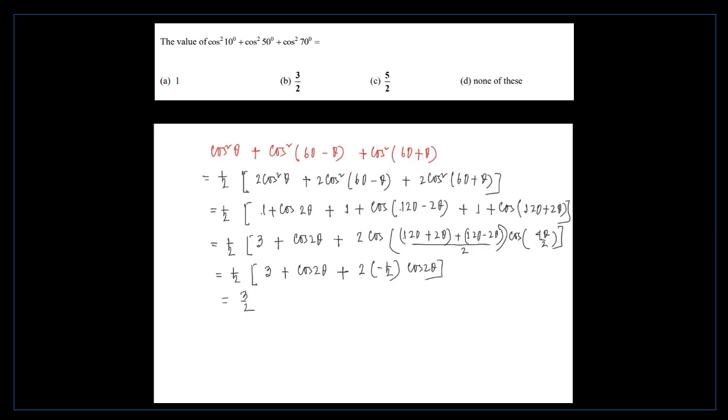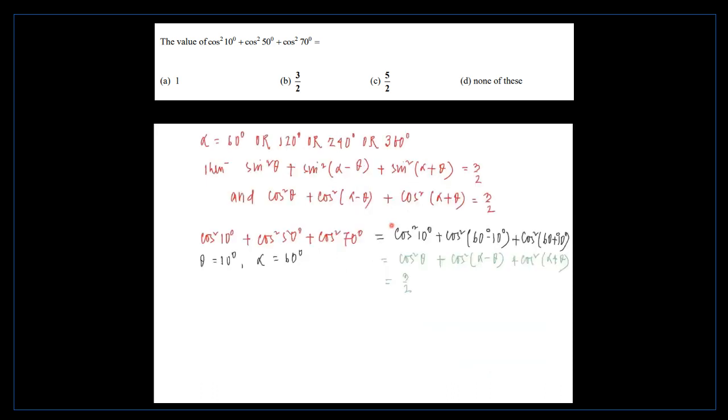Here we have utilized that cos 120 degree equals cos of 2 into 90 degree minus 60 degree. Now this gives us minus cos 60 degree, equal to minus half. Now this minus half into minus 2 cos 2 theta cancels out, and we get 3 by 2. So this is the result which we have used here. This is also a very important expression which we have to keep in mind.